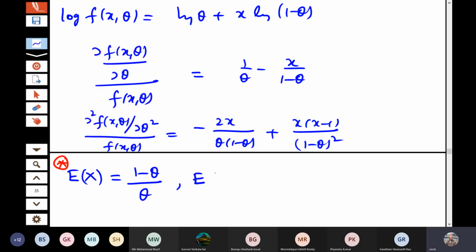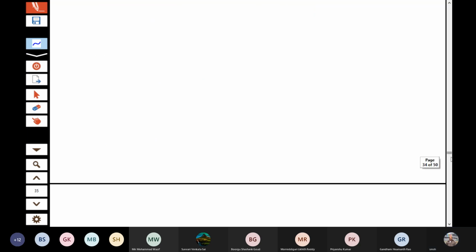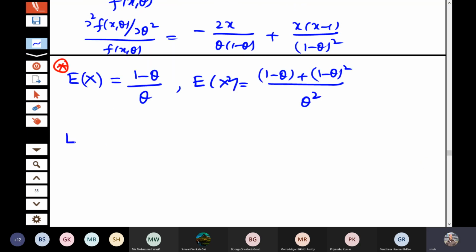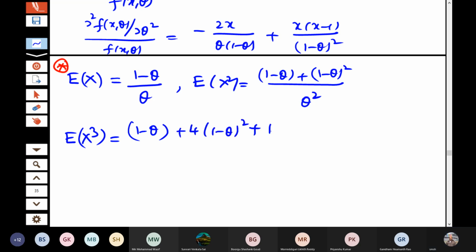So expectation of x square, that is (1 minus theta plus (1 minus theta) square) by theta square. Expectation of x cube, that is equal to (1 minus theta plus 4 times (1 minus theta) square plus (1 minus theta) cube) divided by theta cube.